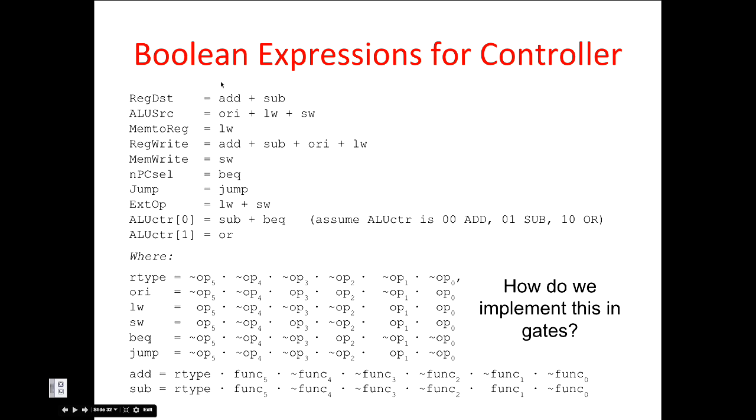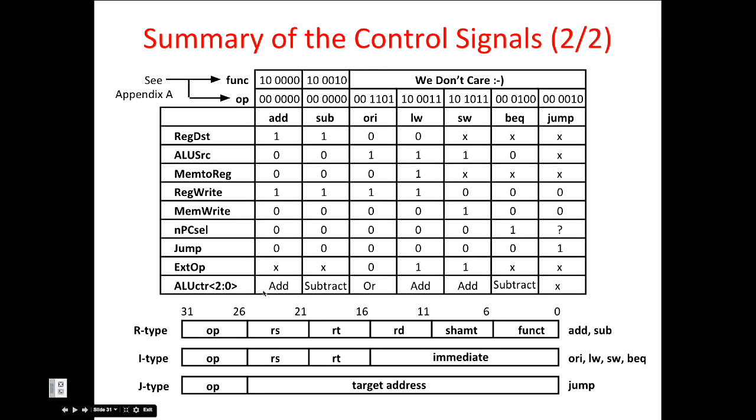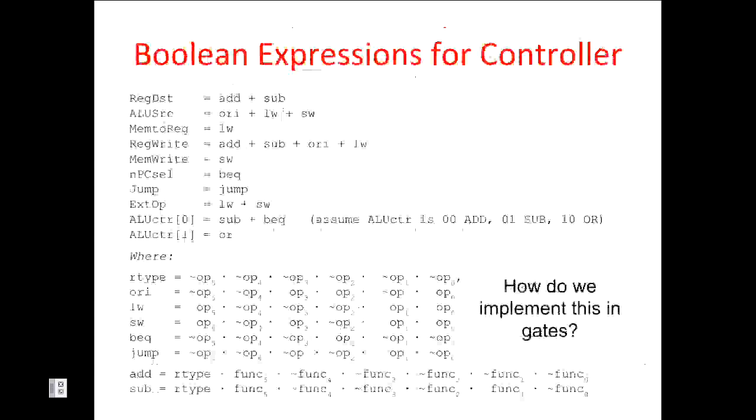We can write this out for all of these different control signals, right? And I talked about this before, ALU control. We've been calling it ALU control, we've just been labeling what ALU operation we want to do. We've just been saying add or subtract or things like that. We can somewhat arbitrarily assign binary encodings to each of those names.